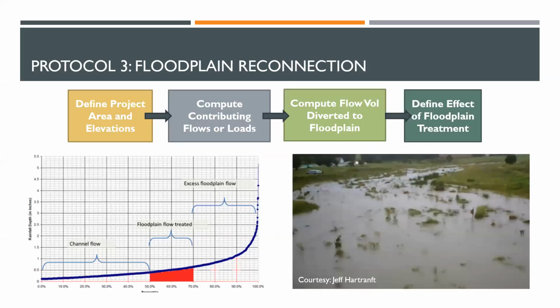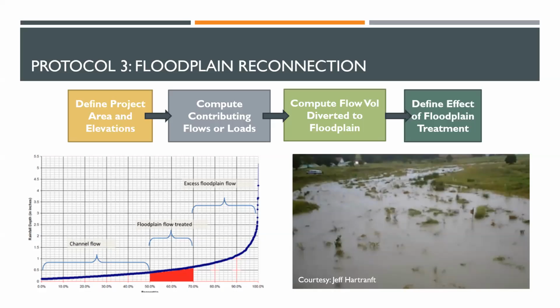And protocol 3 was probably the most complicated of the protocols. It's for floodplain reconnection. Basically, you define the area of your floodplain based on hydrologic and hydraulic modeling typically. That tells you where you're getting water out onto the floodplain during storm events.